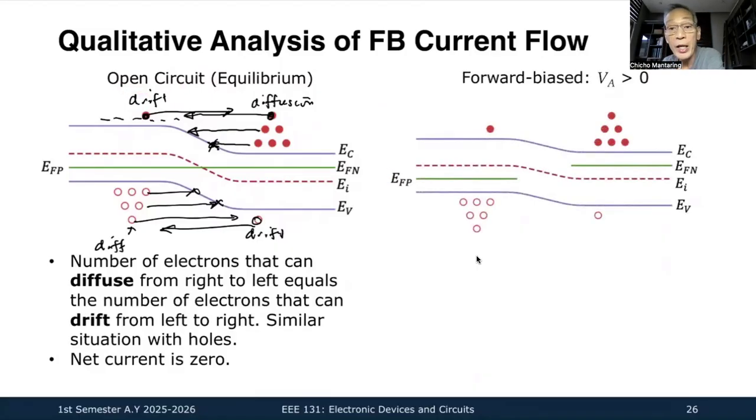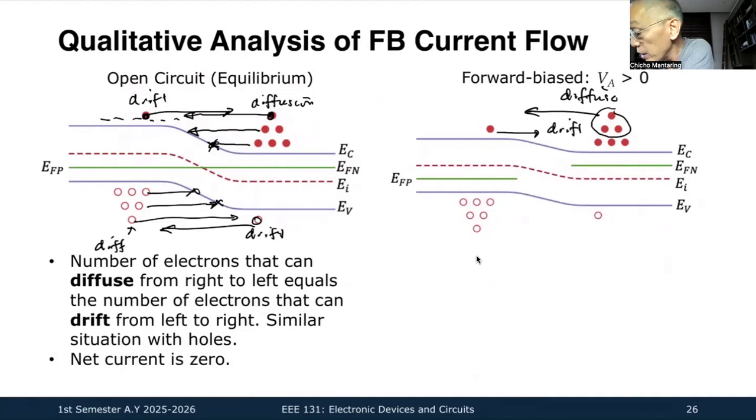What will happen if we forward bias it now? Remember, we forward biased it so that we limit the difference between EC on the left and EC on the right. Now, all of this can diffuse. This one, same as before, can drift. This cannot diffuse; it will hit the energy barrier.